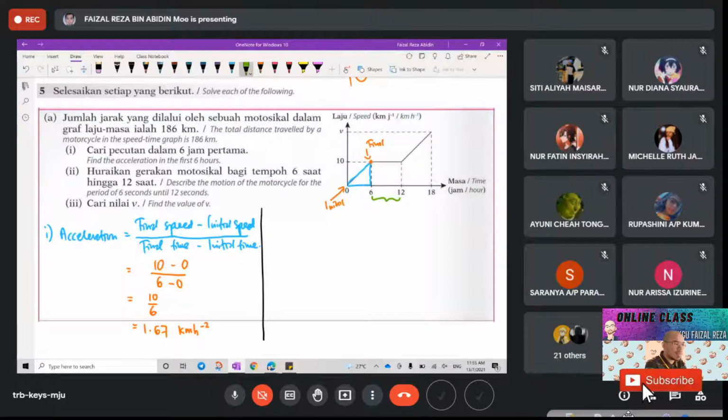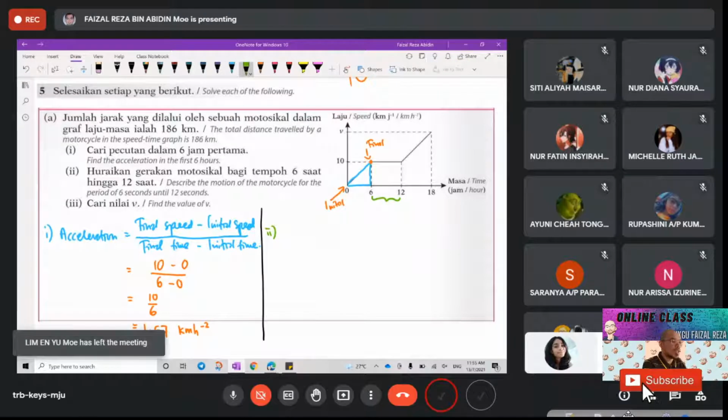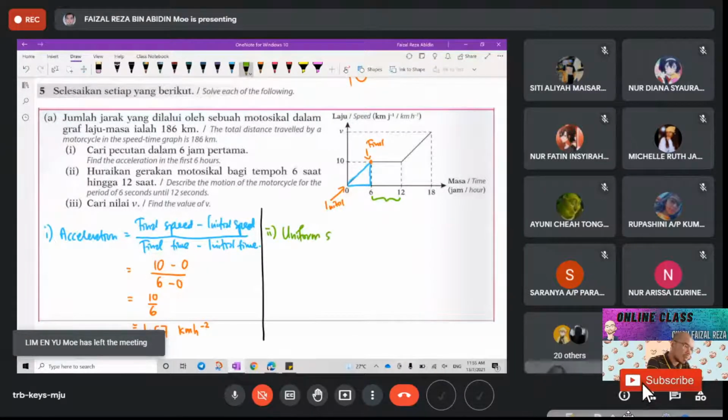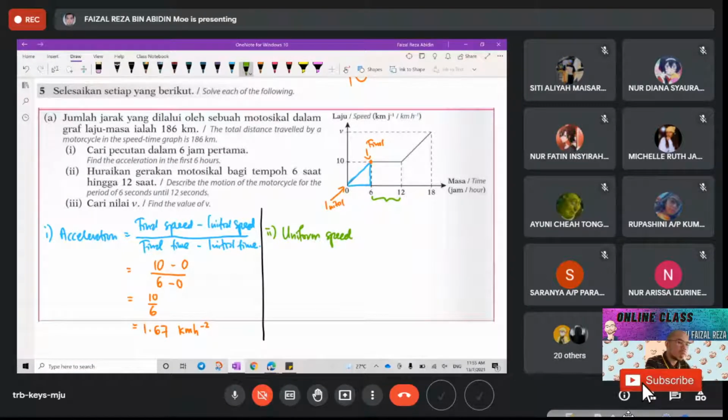It's going to be uniform speed. Uniform speed with what speed? Uniform speed of 10 kilometer per hour. You can see it straight away, 10 kilometer per hour.